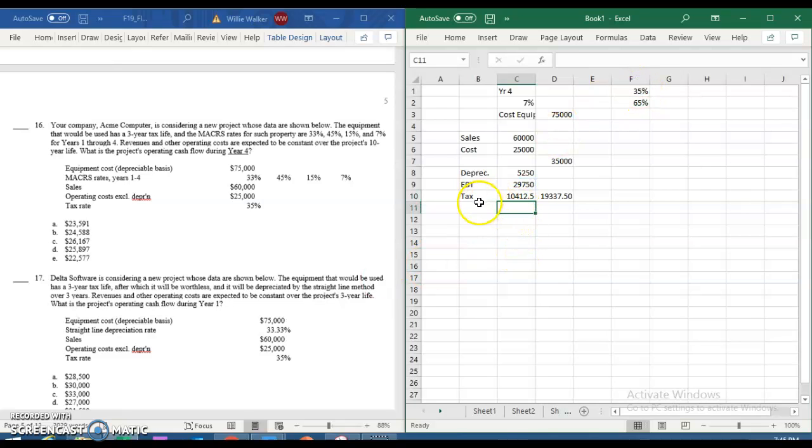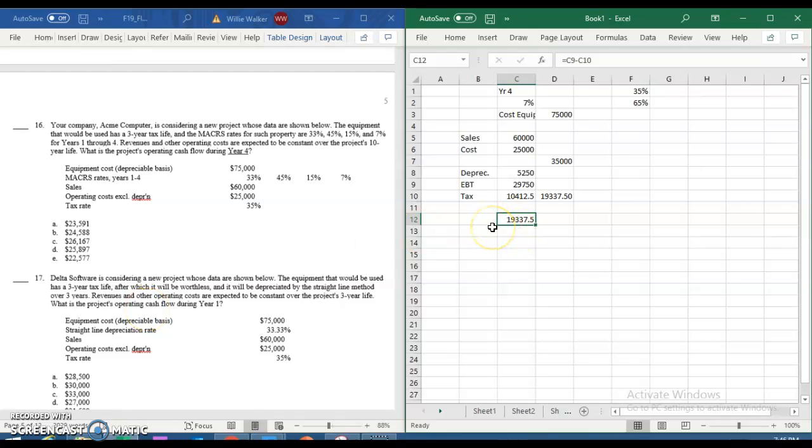That's the amount of tax that I'm going to be assessed at the end of the year from the IRS. I can get this same number. I can get my earnings after tax if I simply back out the taxed amount from the earnings before tax. Same thing. See what I'm saying? All right. So at the end of the year, we have on hand $19,337.50.